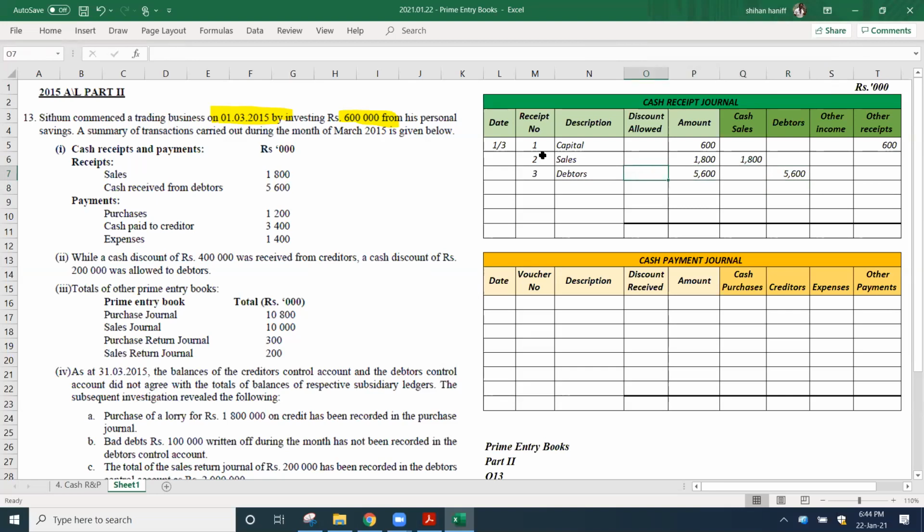And the discount allowed to debtors is 200. Discount allowed is 200.